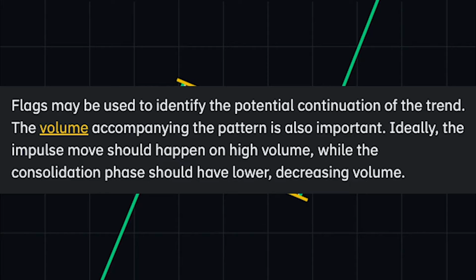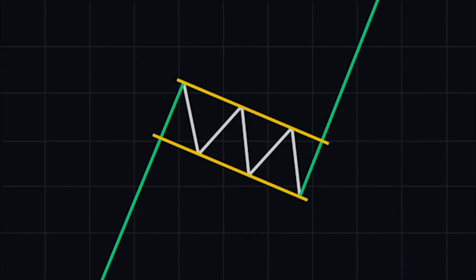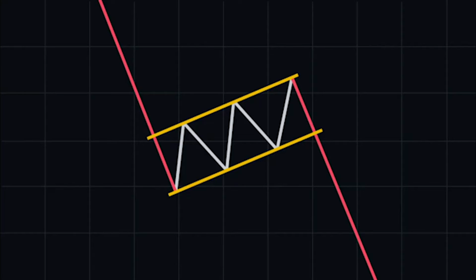The volume accompanying the pattern is also very important, and ideally the impulse move should happen on high volume, while the consolidation phase should have lower or decreasing volume. The bull flag happens in an uptrend, follows a sharp move up, and is typically followed by continuation further to the upside, versus the bear flag that happens in a downtrend, follows a sharp move down, and is typically followed by continuation further to the downside.